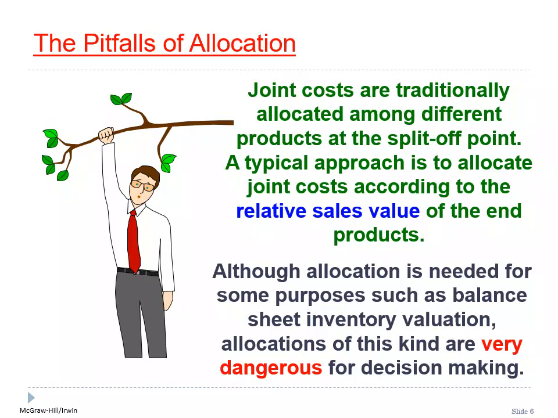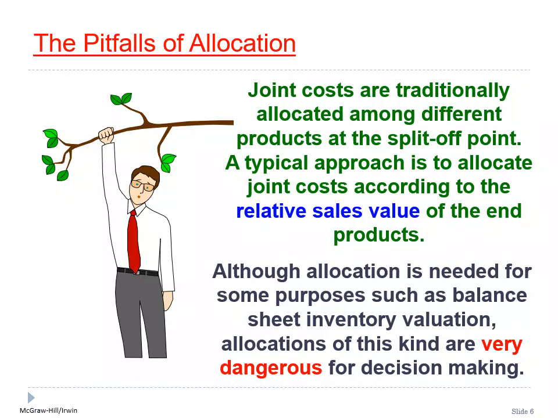طبعا احنا مش هنخش في عملية الالوكيشن ديت، احنا بس بنركز we will concentrate on the decision whether to sell the joint products at the split of point or to further process these products.